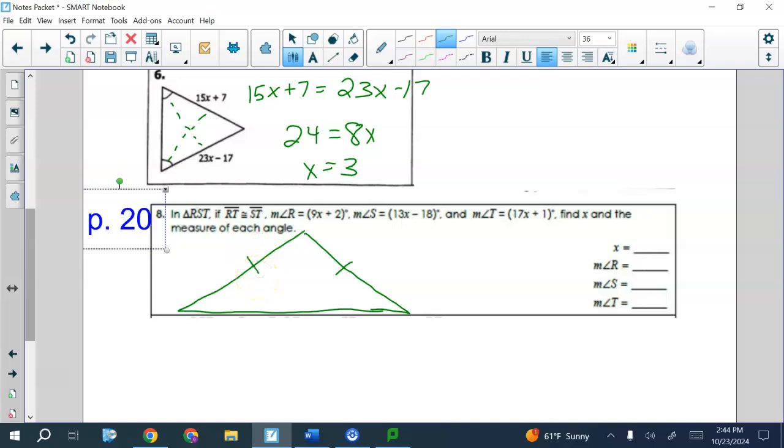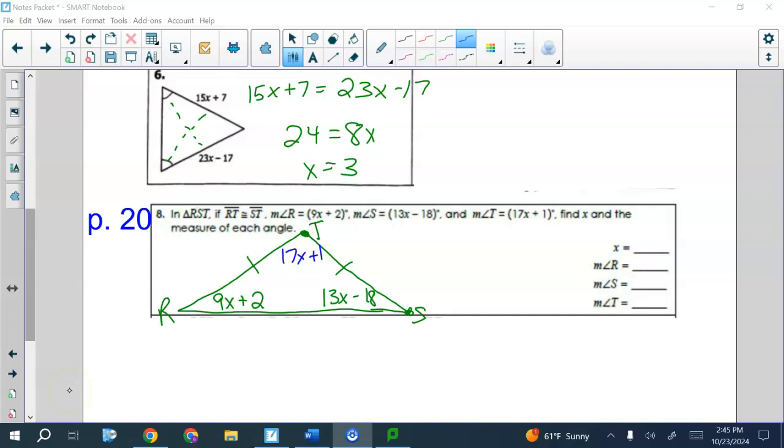Then it's talking about angle R, angle S, and angle T. And what would the x and the measure of each angle be? All right, so R is going to be 9x plus 2, S is 13x minus 18, and T is 17x plus 1.